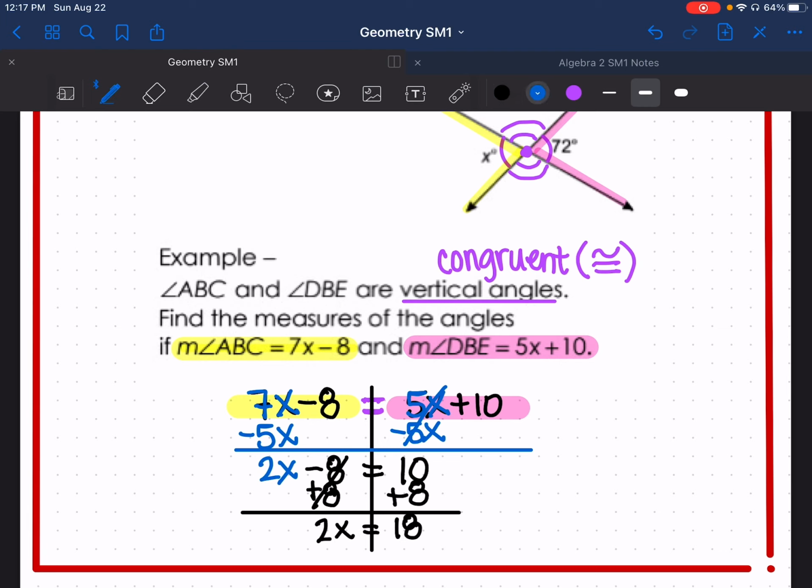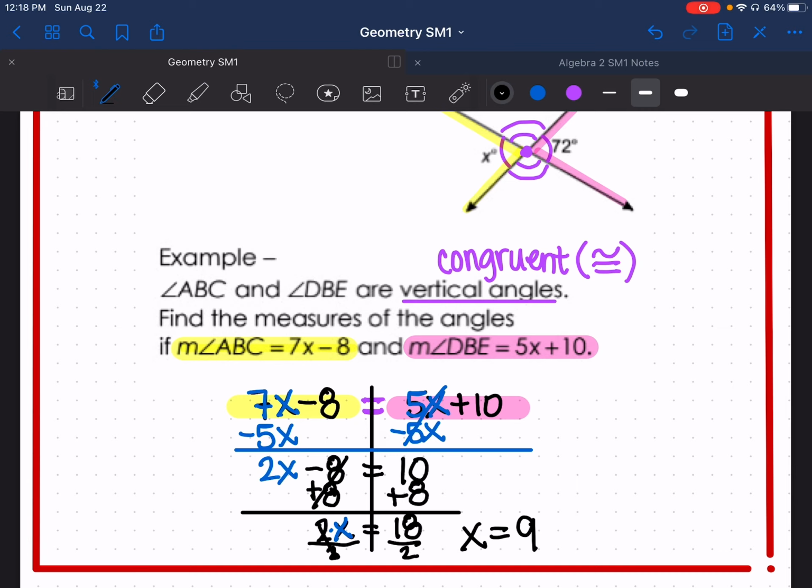Ooh, I'm getting out of space. Go back to my x. Remember, there's multiplication hiding between a number and an x, so to get rid of the multiplication, I must do its inverse or the opposite, which is division. I'm simply going to divide both sides by 2. x is equal to 9.